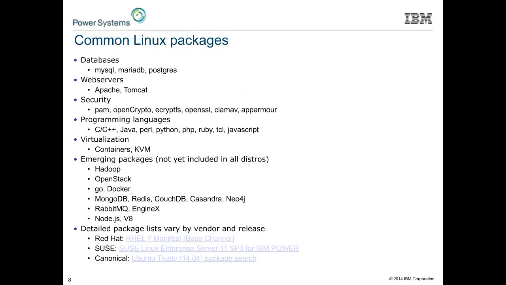If I were to put it in more of a list fashion, this slide begins to articulate some of them. And the reality is, the answer of what's in your particular distribution is, it depends, and you'll need to check the details as the final bullet says down there. But if we work our way through it, common databases you hear about, MySQL, MariaDB, Postgres, these are all databases that are freely available in the Linux distribution.